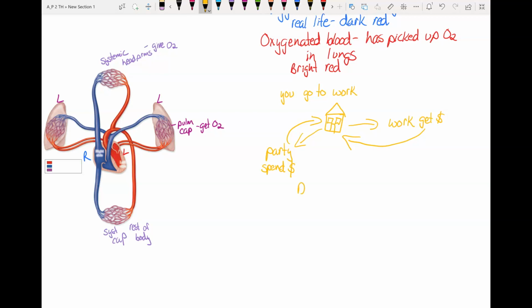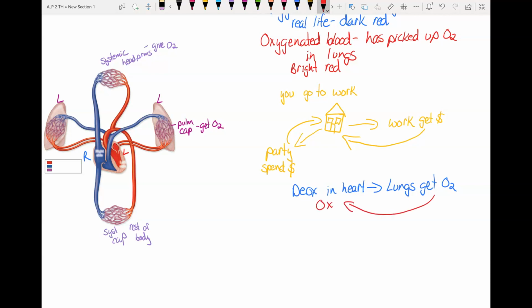You have deoxygenated blood in your heart. It goes to the lungs and it gets oxygen. Then it comes back to the heart as oxygenated.